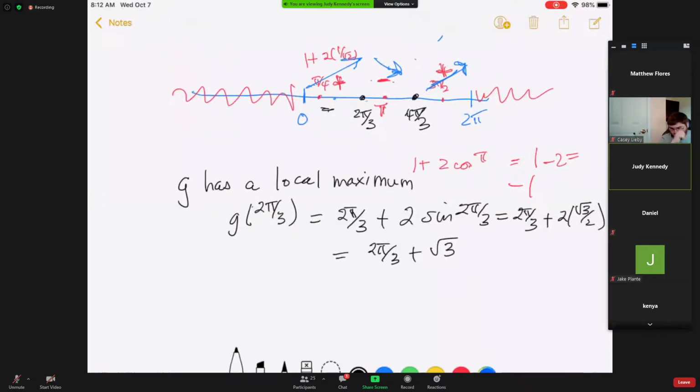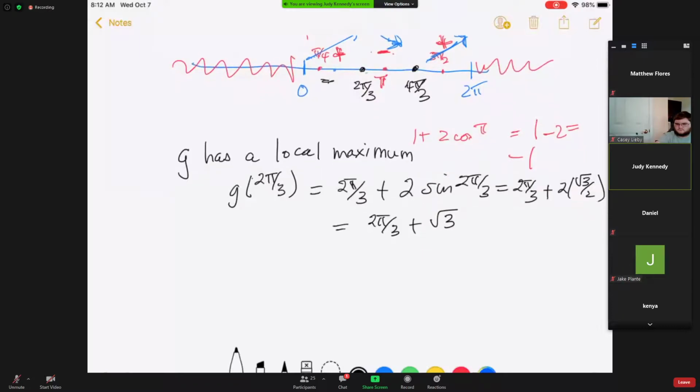And that's a positive number, okay. Rough calculation, let's see. It's going to be a little bit bigger than 3 because 2 pi over 3 is bigger than 2, and the square root of 3 is bigger than 1, somewhere between 3 and 4. And well, sometimes you really need to pull out a calculator and get an approximation.